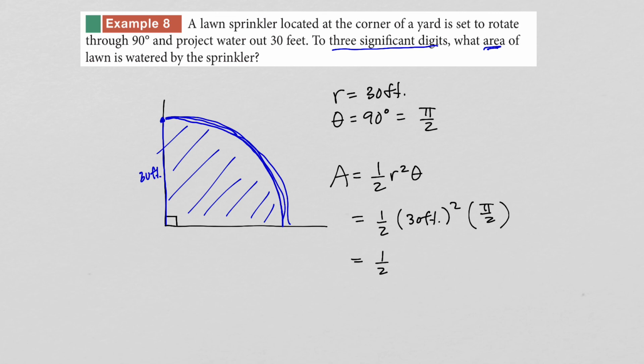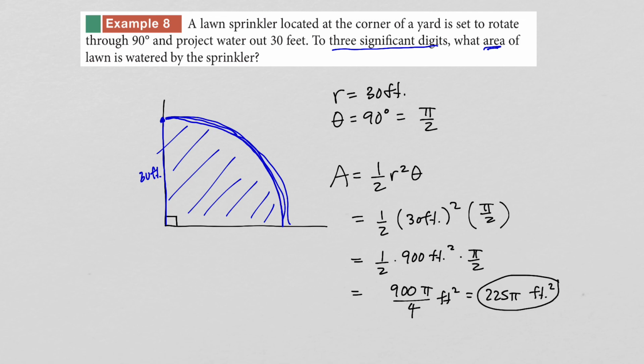Do the math. This is 1/2 times 900 square feet times pi over 2. And this is 900 pi over 4 square feet. And if you divide 900 by 4, you get 225 pi square feet. So that's the exact answer.